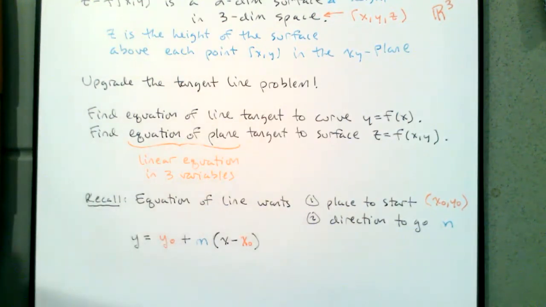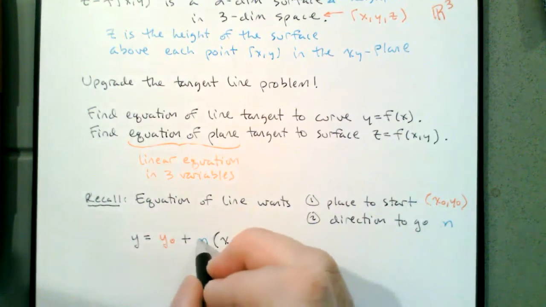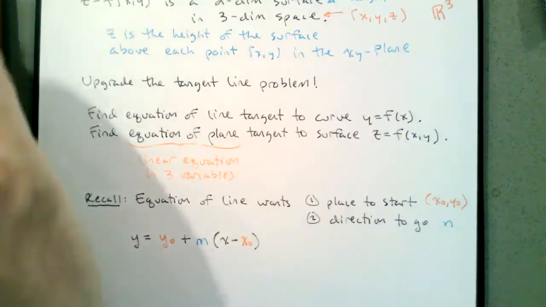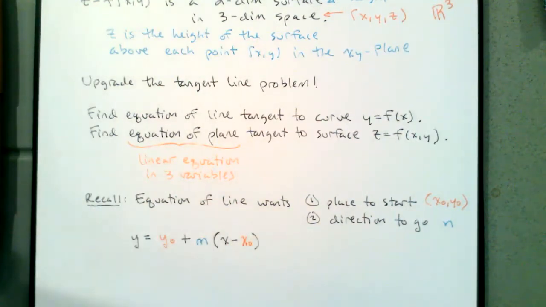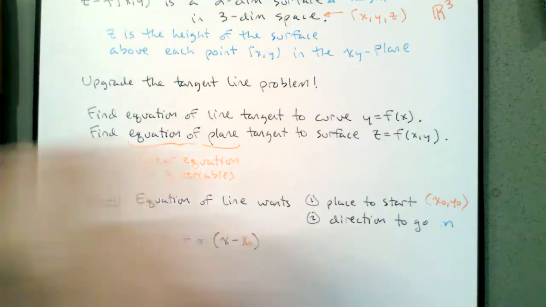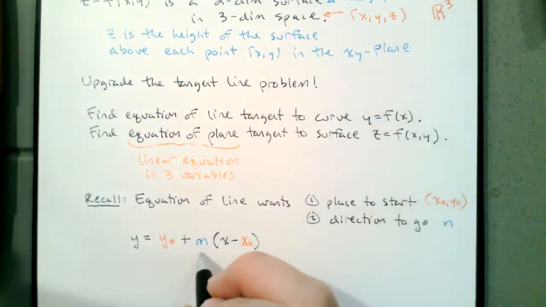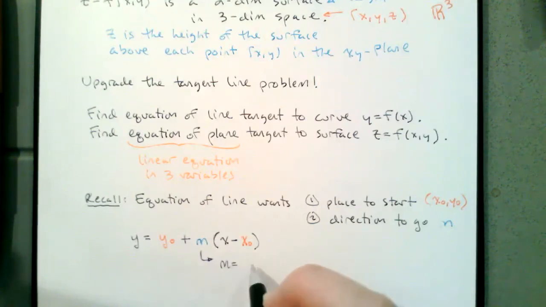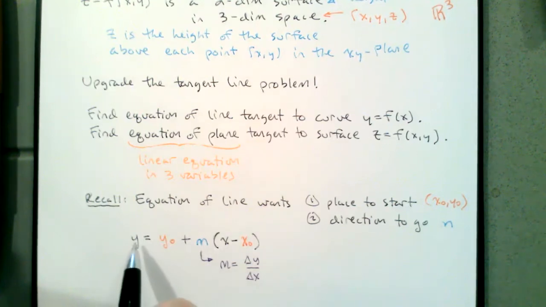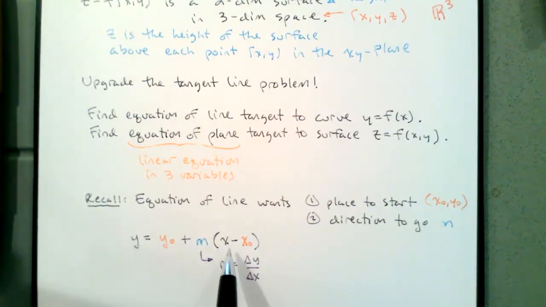And we know that the slope m is the ratio of the change in y to the change in x. M is how y increases when x increases by 1. So m is the slope, the change in y divided by the change in x. It's what's happening to y when x increases by 1.